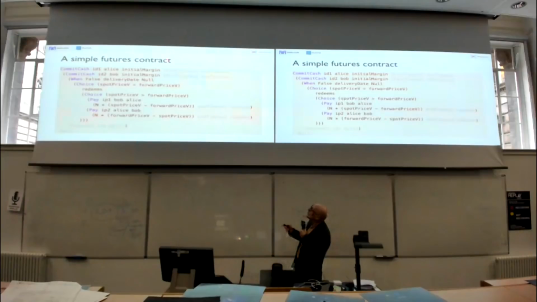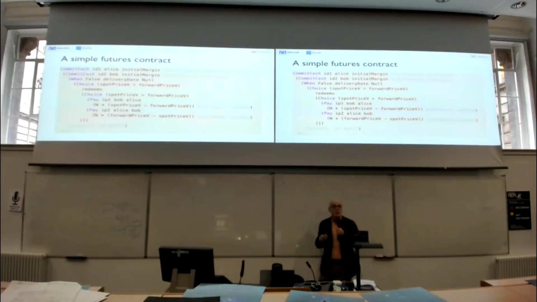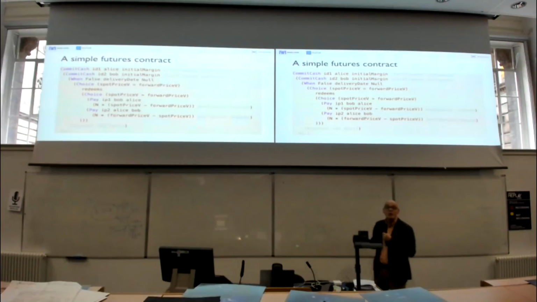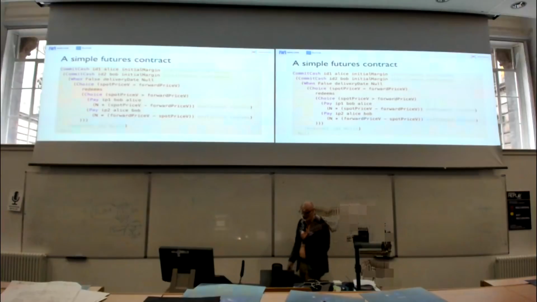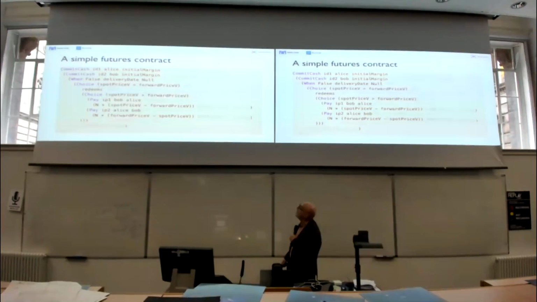I've grayed out the bits here which are to do with timeouts and remedial action. So if you like, the real functionality is in the coloured part, and you can see that we've had to add these things. And there's a question that we're thinking about: how easy is it to take a non-analyzed contract and turn it into one that works on blockchain? That's something that we're thinking about at the moment. So we've got a simple futures contract there.